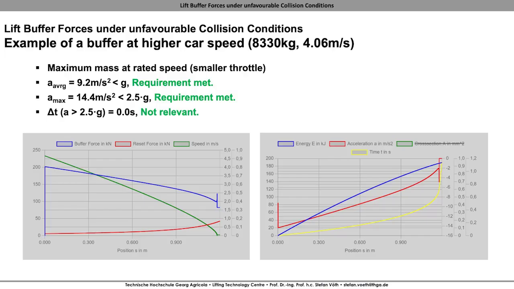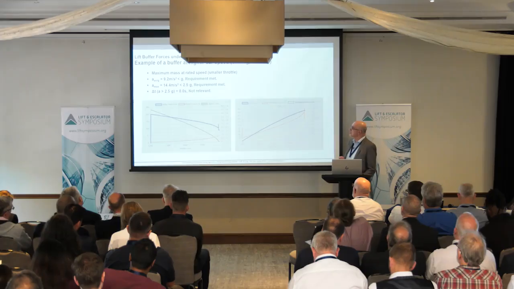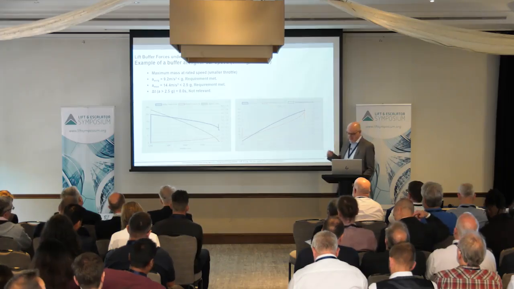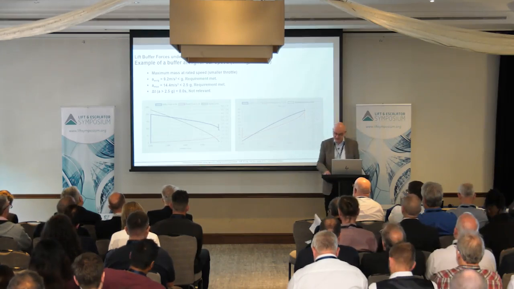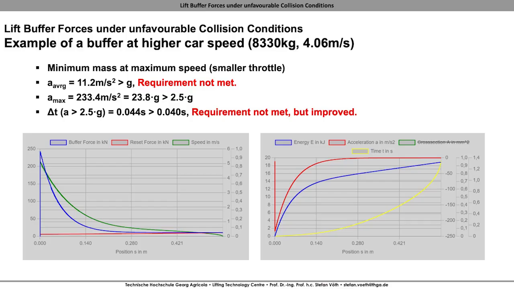This is why, in a second step, the throttle is made smaller, not larger. And with this smaller throttle, we can gain good conditions for the maximum mass. But for the minimum mass, at the maximum speed, the picture looks like this.